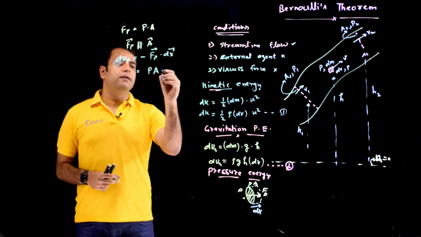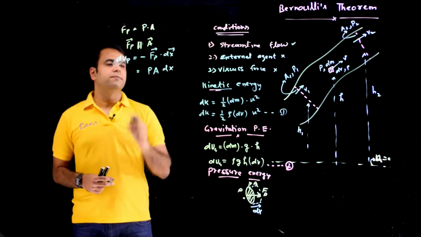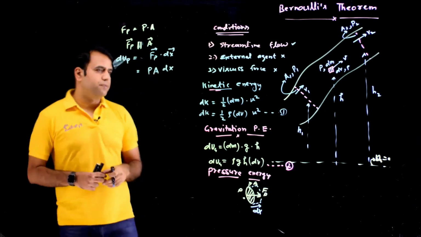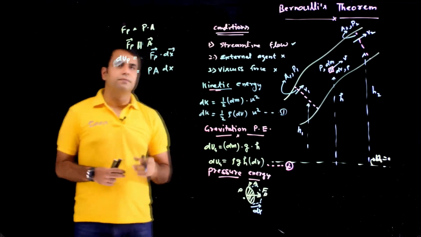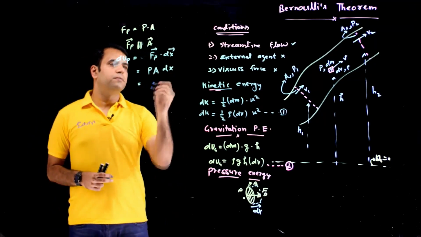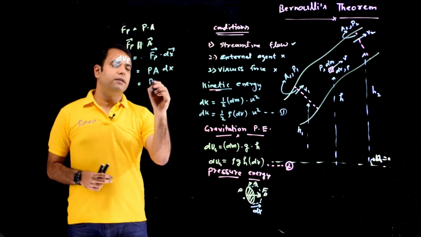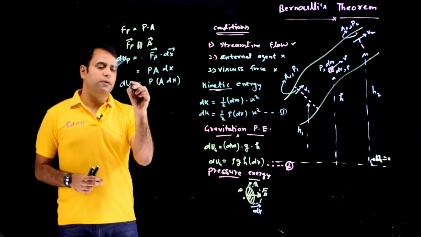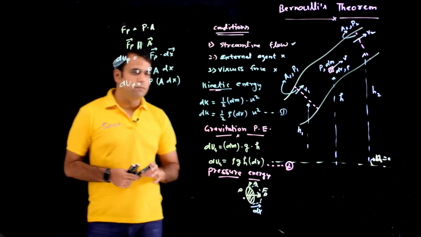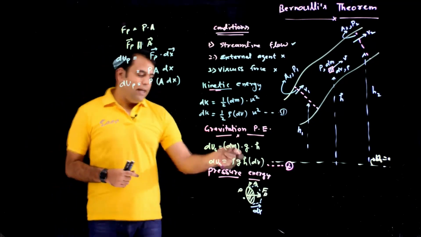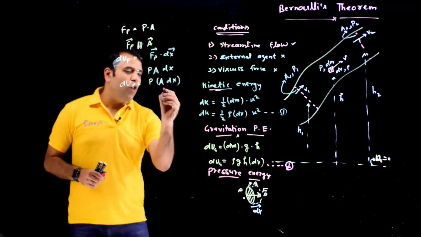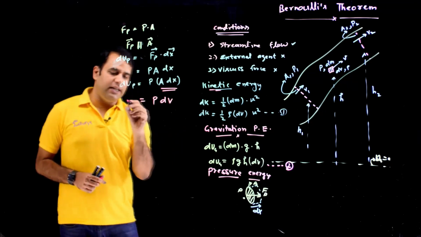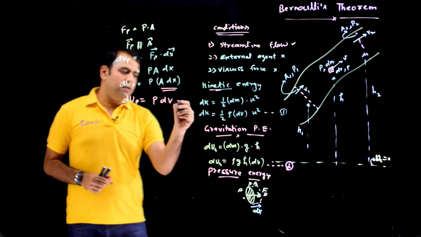So PA dx. Now you see here, this A into dx is nothing but the volume created. So this can be written as P dV. So dUp becomes P dV.